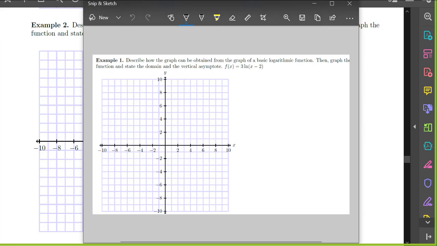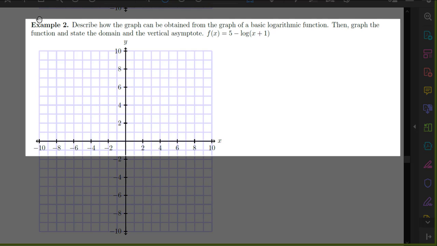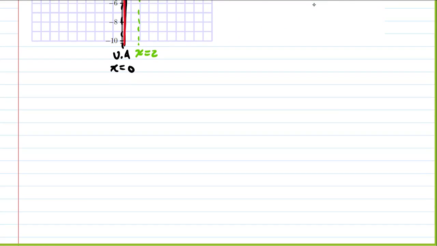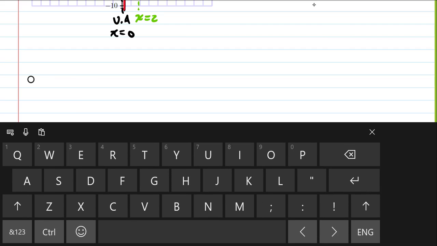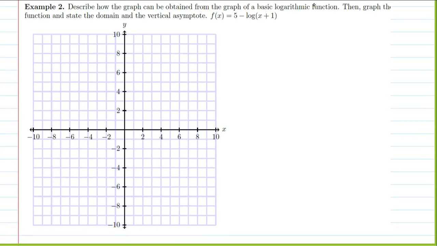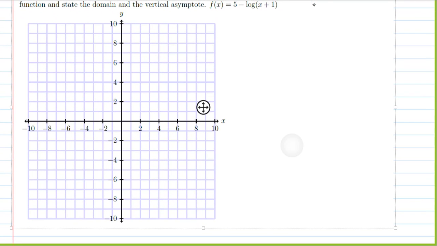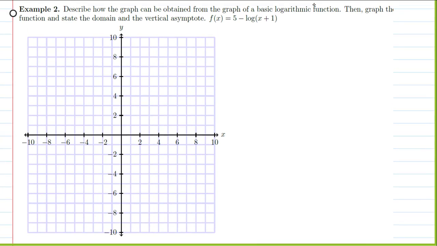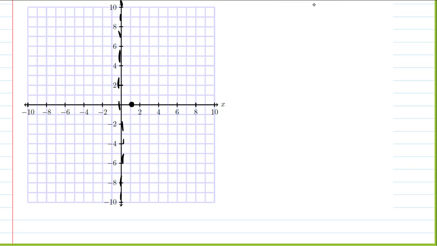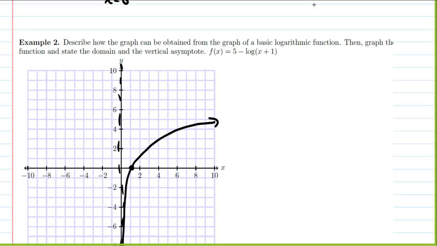All right, let's take a look at example number 2. A couple of things are happening in this example that we want to take note of. We started once again with our basic parent function, which is going to have our vertical asymptote at x equals 0 and contain the point 1, 0, and it looks something like this.